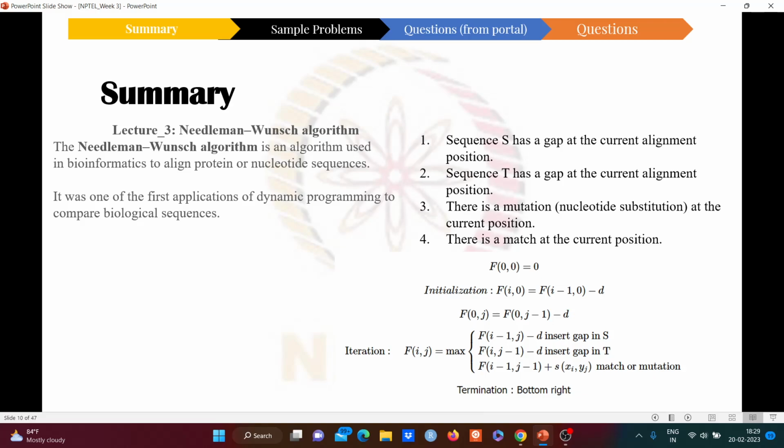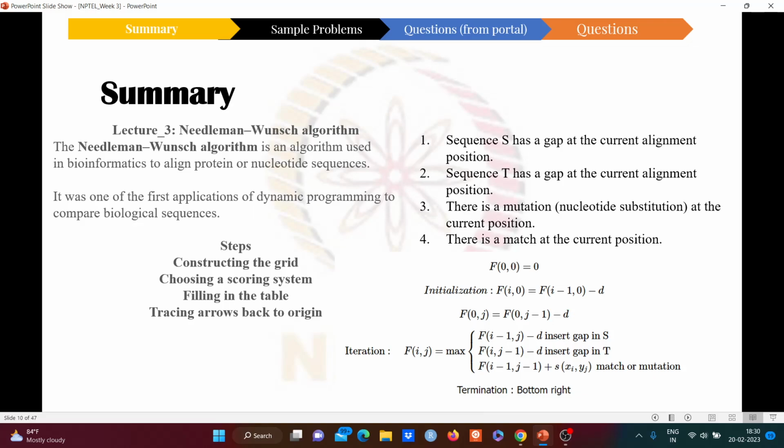So here are the steps that are required to construct a Needleman-Wunsch matrix. The first step is initialization. The first step is to create an n plus 1 cross m plus 1 matrix, where n and m are the lengths of the sequences being aligned. The first row and column of the matrix are filled with gap penalties.